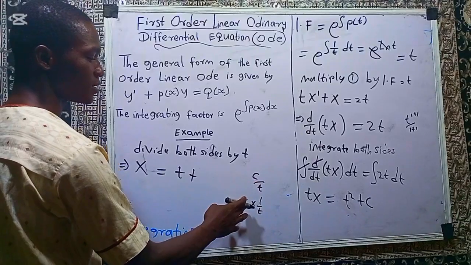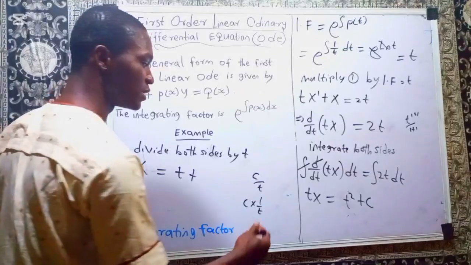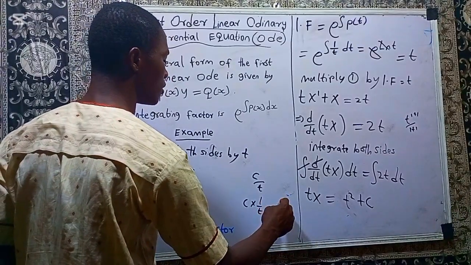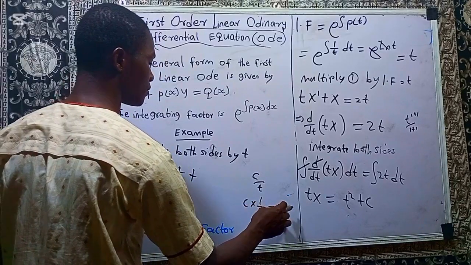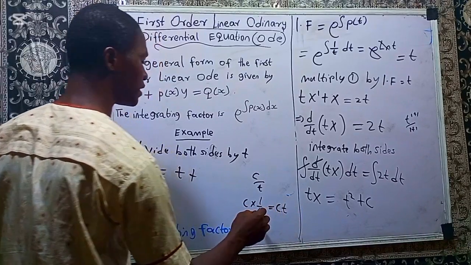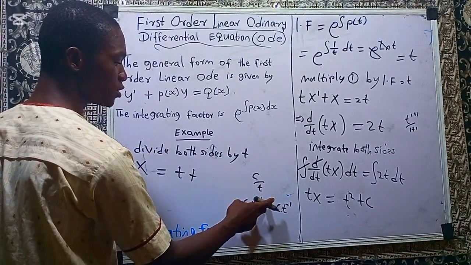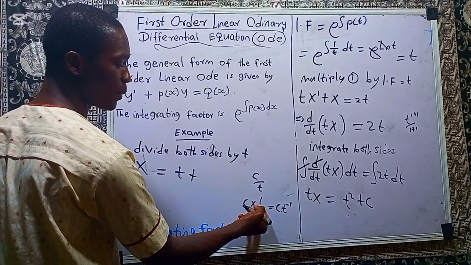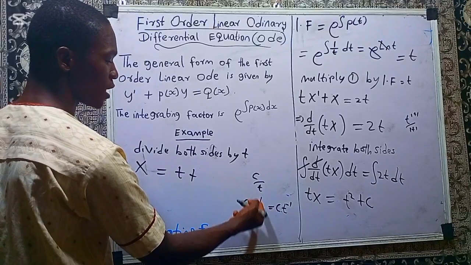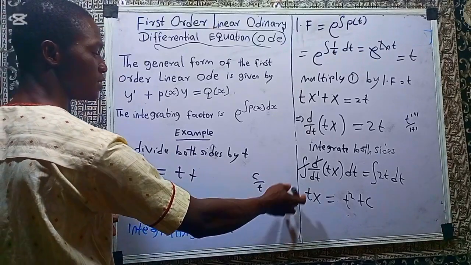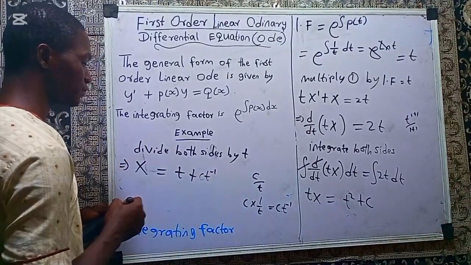And 1 over t can be written in index form as c times t raised to power negative 1, because you introduce a negative sign on the power of t, which is 1, and remove the 1 over. So plus c t raised to power negative 1.